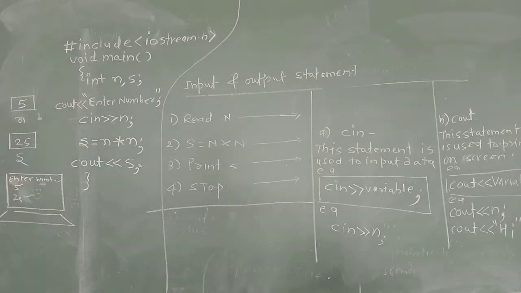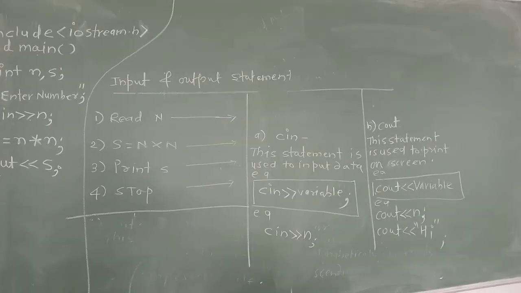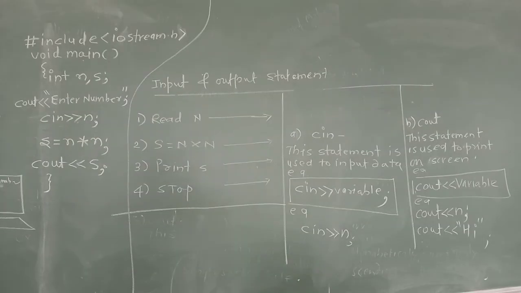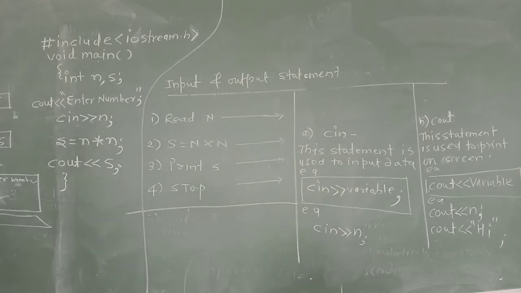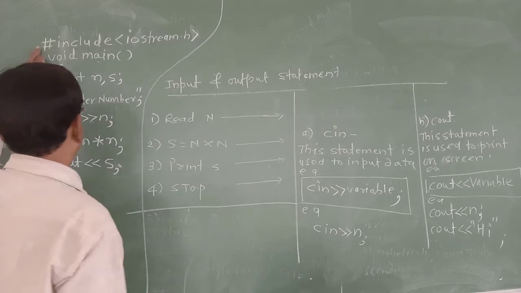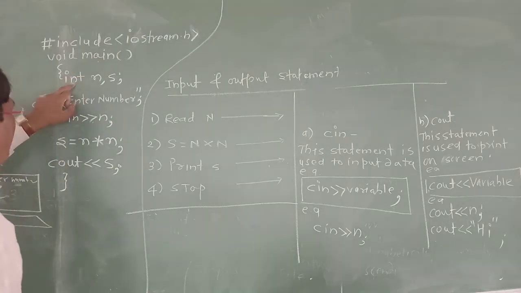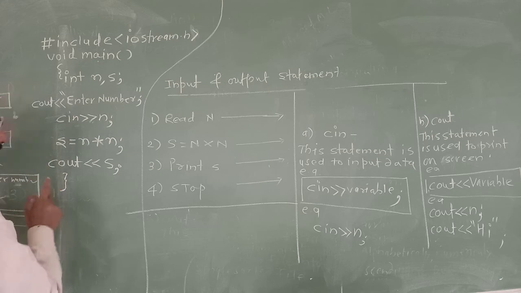So today we have seen cin and cout. Look at the program, whether we have covered the entire thing or not. Look at this: whether our program is according to our structure or not. Compiler directive, void main, variable declaration, statements and so on.